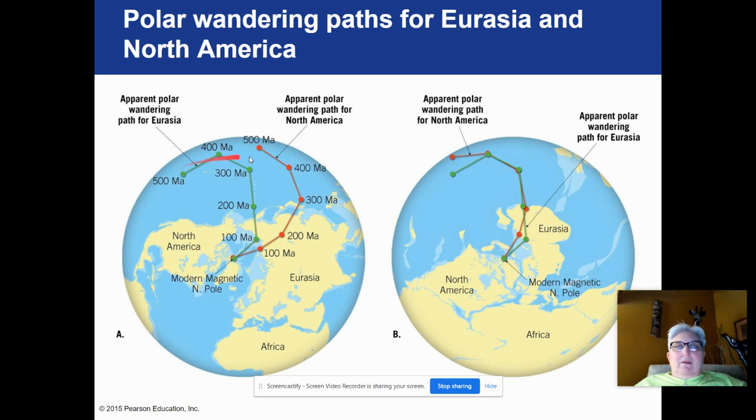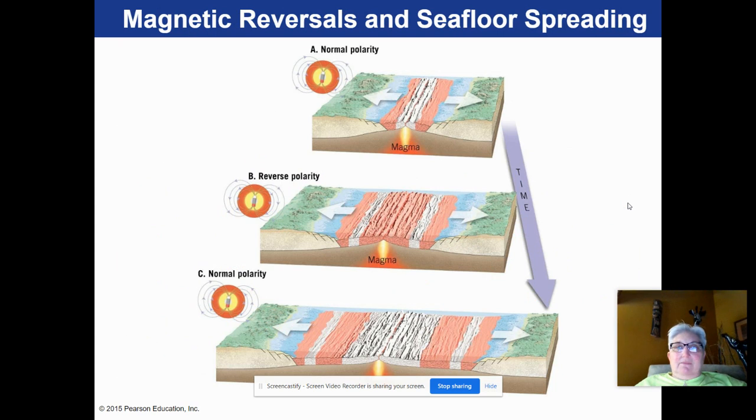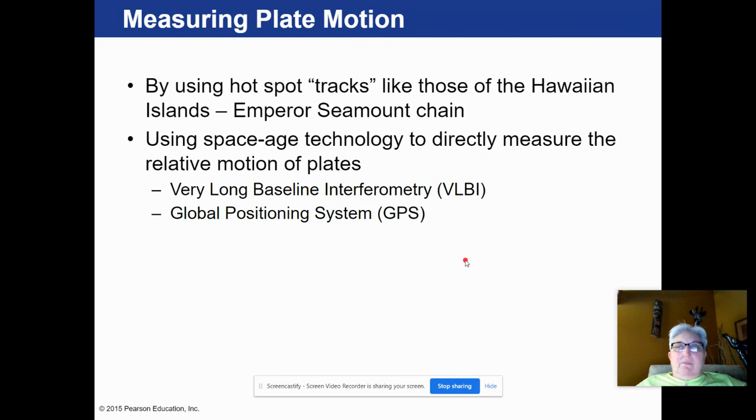So, here's some other information that we're able to track: the movement of the continents over long periods of time based on the magnetism inside the rock. Same thing under the ocean. Doesn't matter if it's above ground or below an ocean.